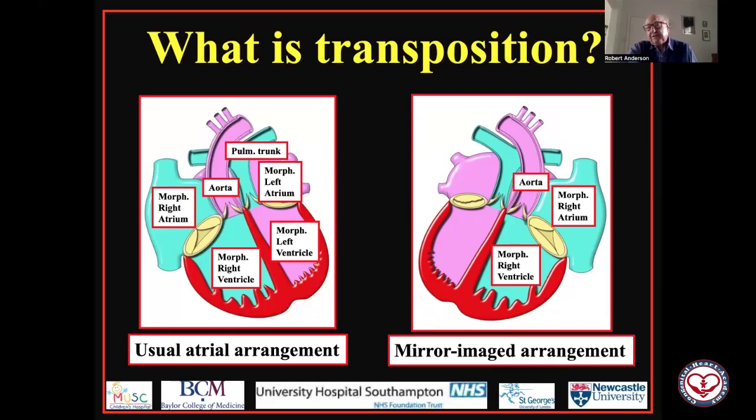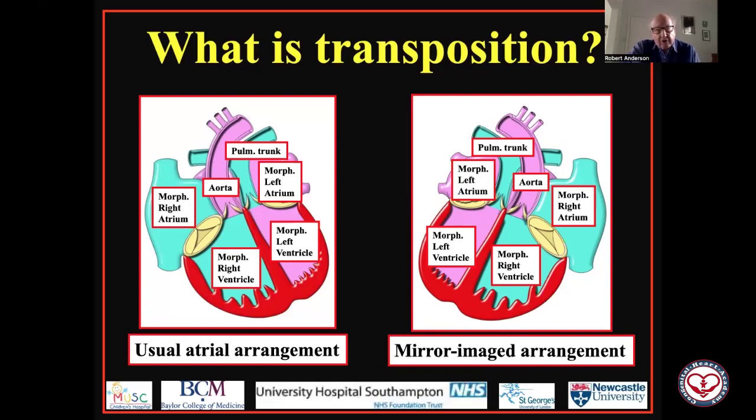And in this instance, usually, the aorta will be left-sided. And so on the other side of the heart, which is right-sided, we have the morphologically left atrium, pumping into the morphologically left ventricle, also right-sided, into the pulmonary trunk, the two circuits being in parallel rather than in series.